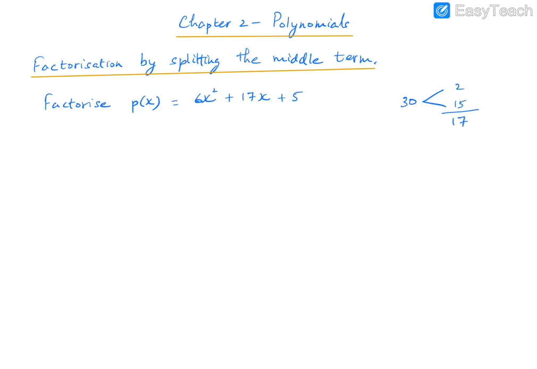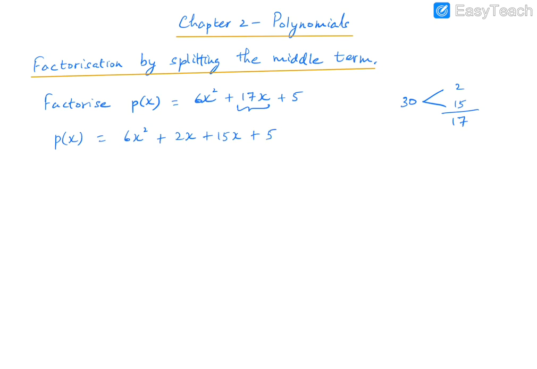We'll write p of x equals 6x squared plus 2x plus 15x plus 5. It's still 17x, since 2x plus 15x is 17x. We have just split the middle term, and the rest of the terms stay as they are, so plus 5 as it is.